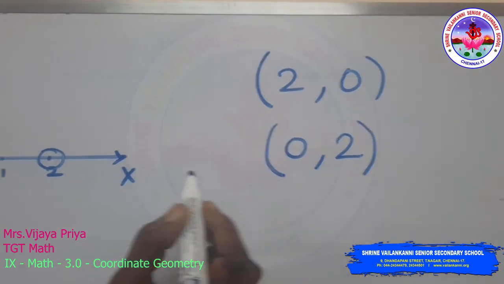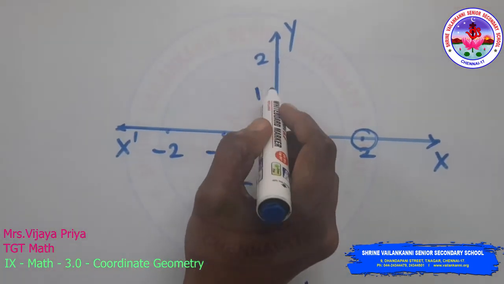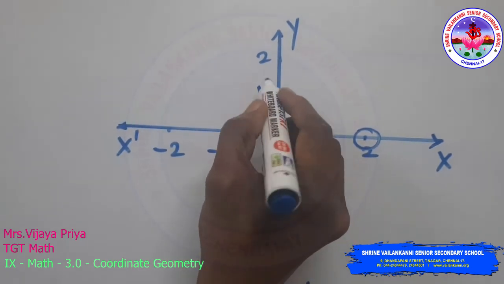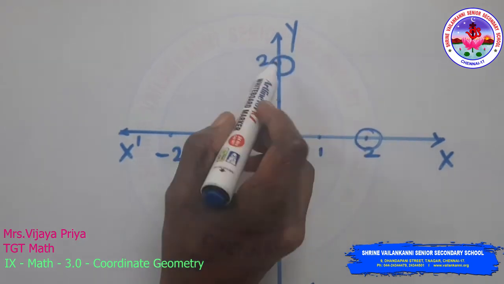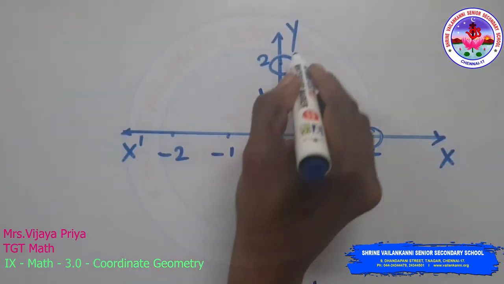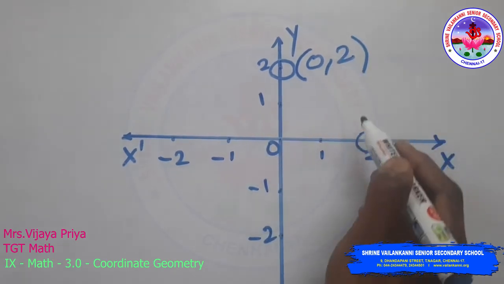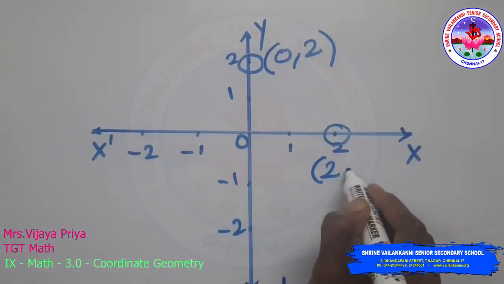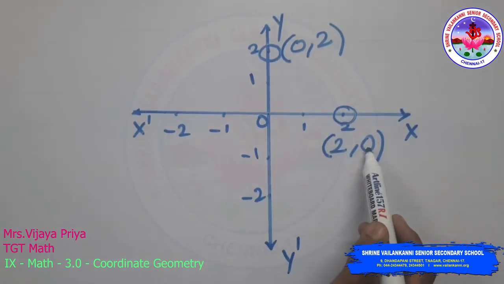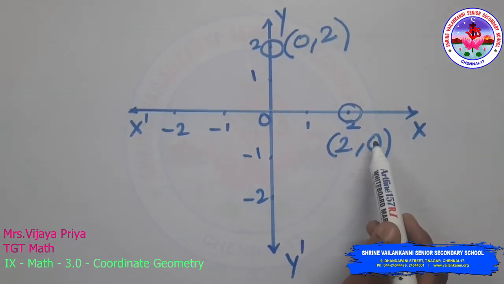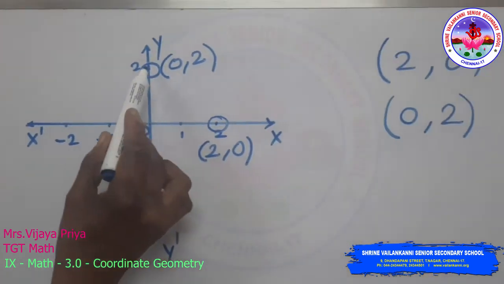Since my x value is 0, I will be plotting the point on my y-axis as (0, 2). So this I can say is (0, 2) and this point is (2, 0). Hence I stated that if any one of the coordinates is 0, then it belongs to either the x-axis or the y-axis.